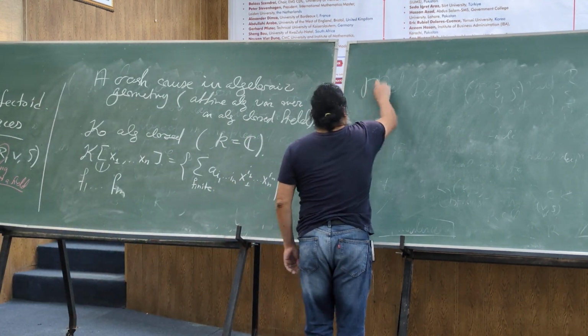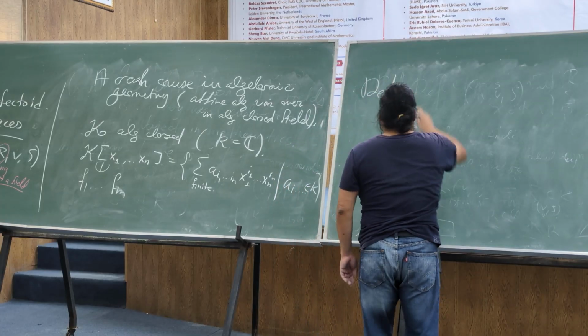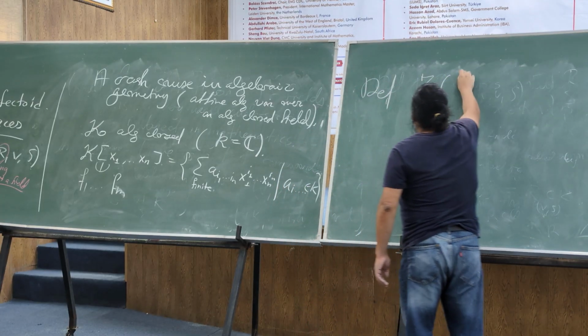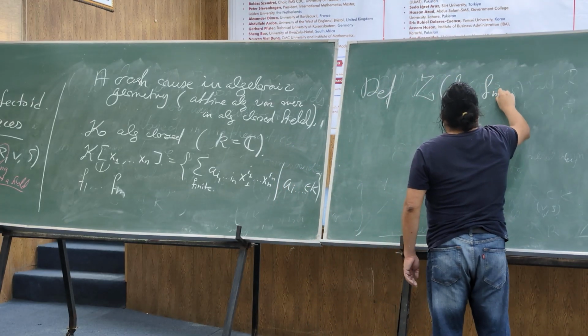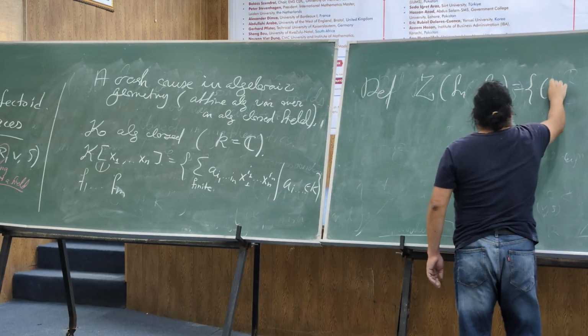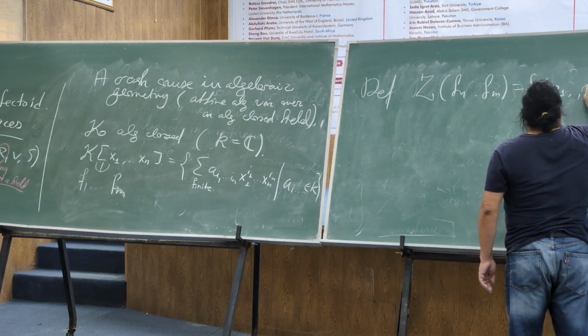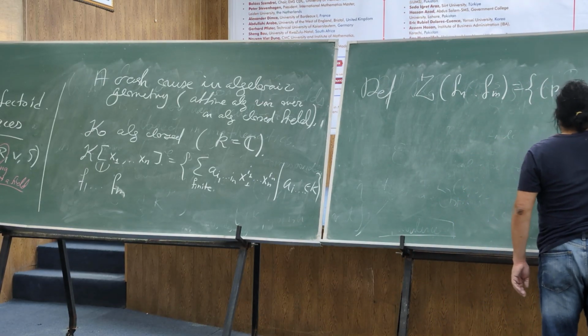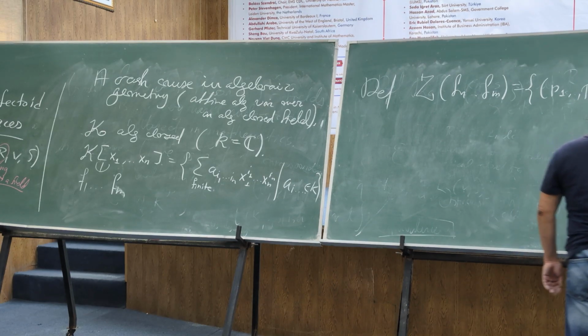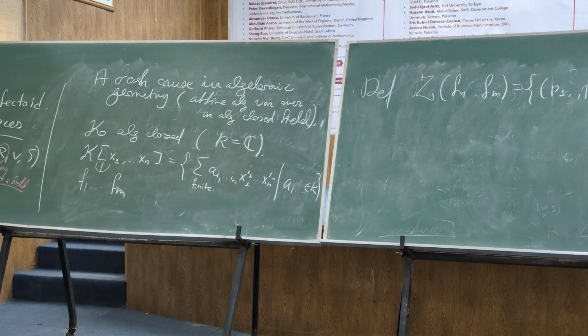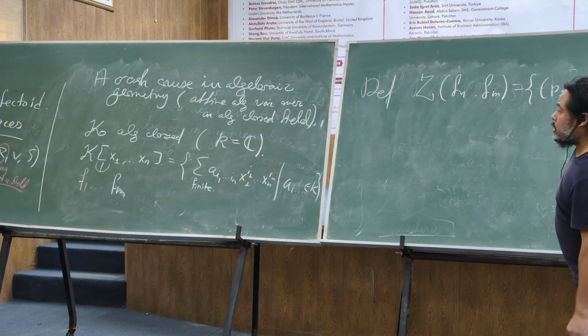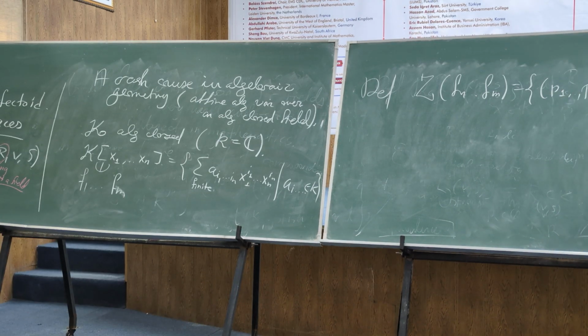Definition: the zero set of F1 up to Fm is the set of points (p1, ..., pn) in K to the n such that Fi evaluated at (p1, ..., pn) equals 0 for i equals 1 up to m.